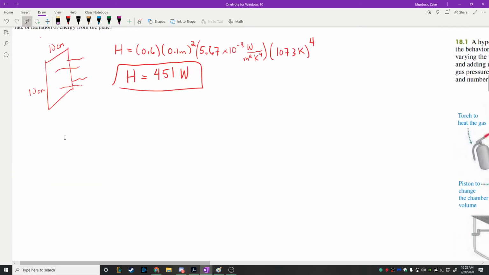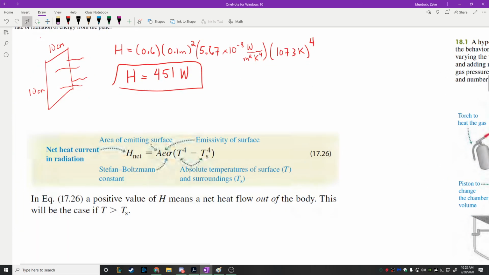So if I have two objects, and I have one object that's hotter than the other one, or one object that's surrounded by something else, then we simply have a net heat current, where the net heat current is going to be the same formula, and then we just subtract away the absolute temperature of the surface versus the absolute temperature of the surroundings.